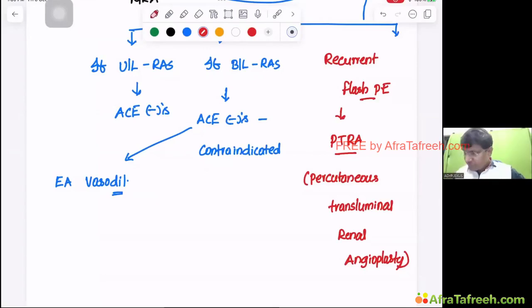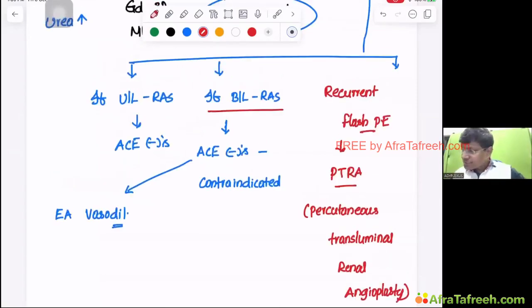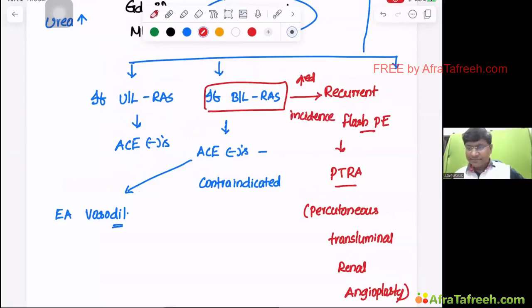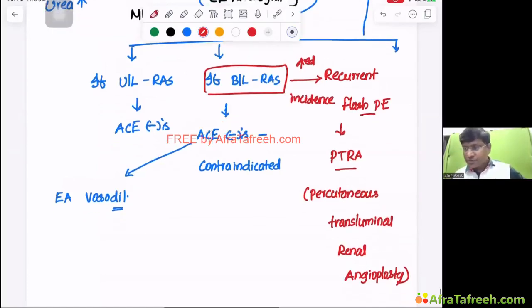Yeah. So for bilateral renal artery stenosis, they have increased incidence of recurrent flash pulmonary edema, right? That is the reason why PTRA has to be done. If recurrent flash pulmonary edema did not develop, then PTRA is not required in these patients.